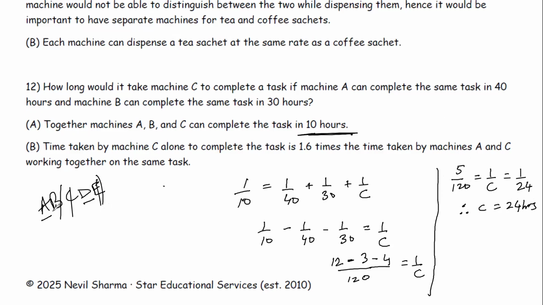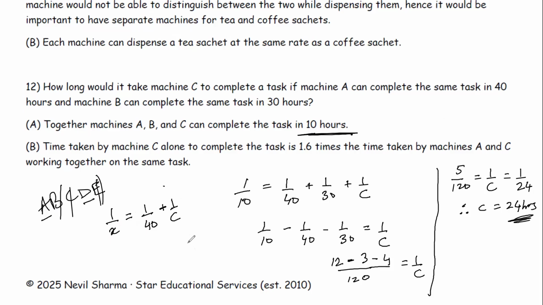Second one: time taken by machine C alone to complete the task is 1.6 times the time taken by machines A and C working together on the same task. So the time taken by machines A and C is 1 by X, which is equal to 1 by the time taken by A, which is 40, plus 1 by C. Remember, we cannot use this information.